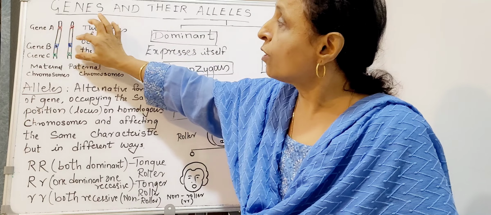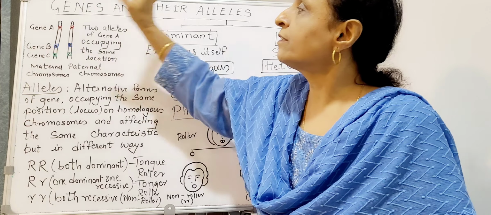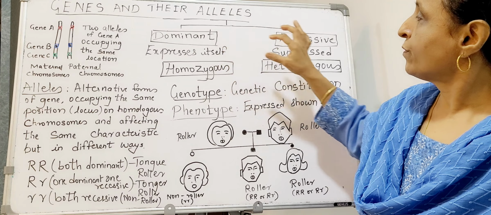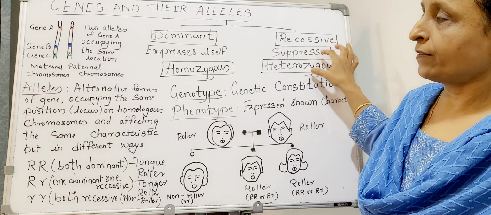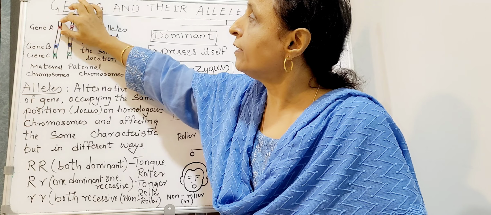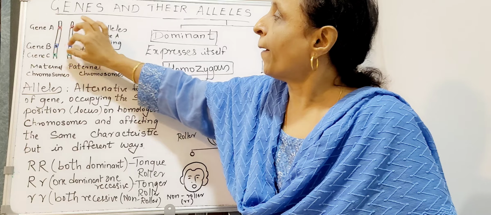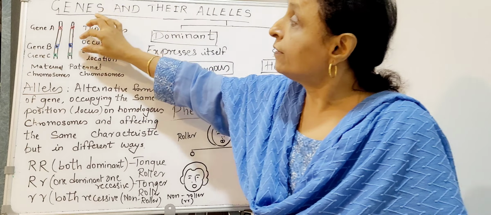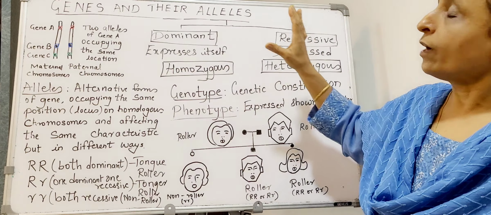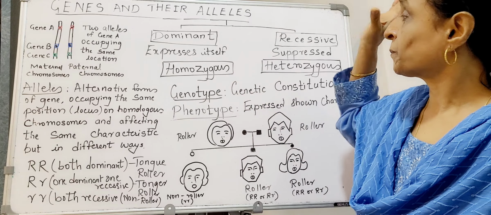So these two are homozygous, the same, and this is heterozygous, that is different. They are alleles because they occupy the same locus. So alleles can be homozygous or heterozygous.